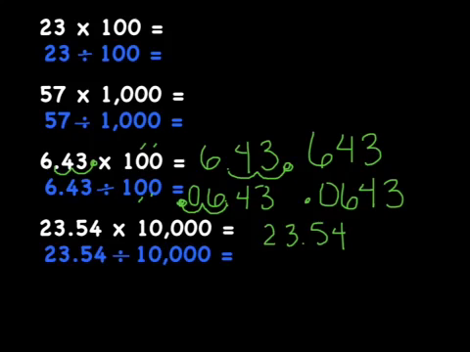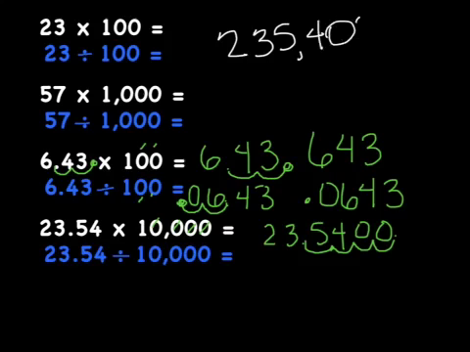All right, the last one, 23 and 54 hundredths times 10,000. We're going to move our decimal 1, 2, 3, 4 places to the right. 1, 2, 3, 4. Add 2 zeros. And let's count this and see that should be 235,400 is your answer for that one.